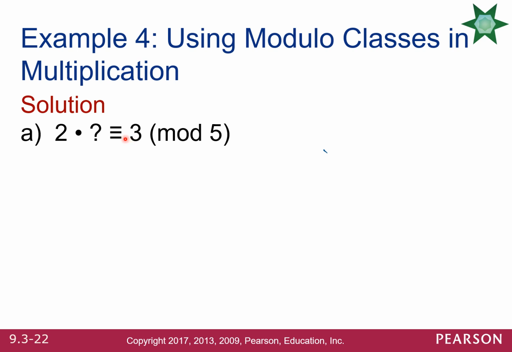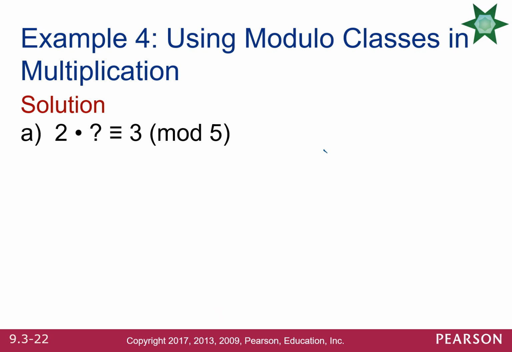Correct? That's what we are trying to find. That's what we are trying to establish here. We want to find a value for the question mark which will make this statement true. So the way they go about it is plugging in different values for the question mark, but those values have to be less than 5.